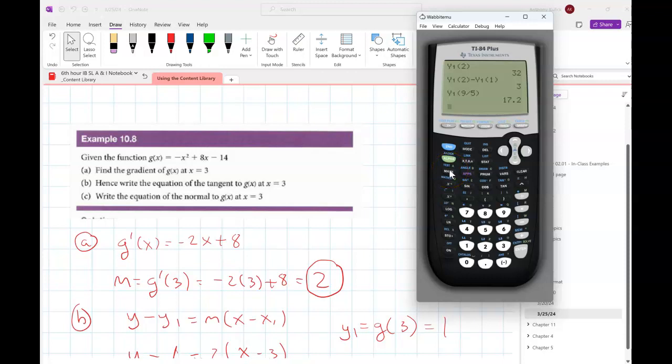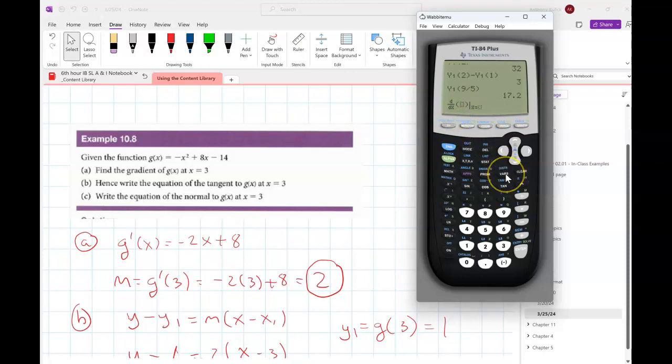Now that we've done that, we're going to press the math button. And we're going to scroll down till we find the d dx, or I'm sorry, n derive. It's Command 8 on my calculator. I'll press enter. So here in the first blank, I'm going to type in an x, because that's the variable that I'm using in my equation.